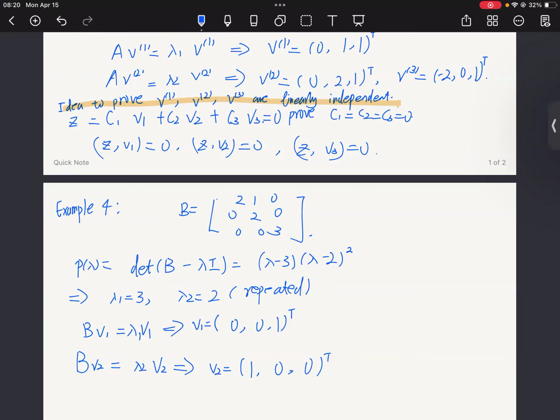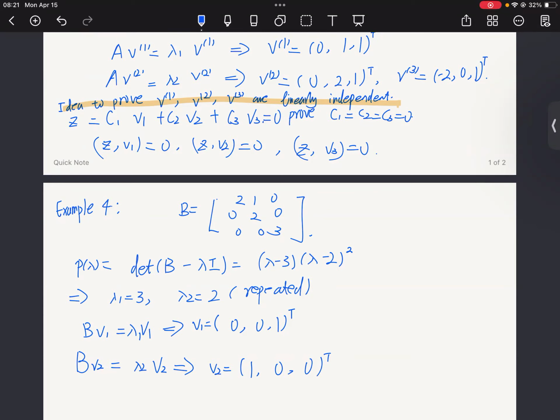But in this example, although we have the same eigenvalues, and the 2 is still repeated, we find that the eigenvector space corresponding to lambda 2 equals 2 is just a one-dimensional space, which means there's just one eigenvector corresponding to lambda 2. Does that make sense? So you can see the difference here.